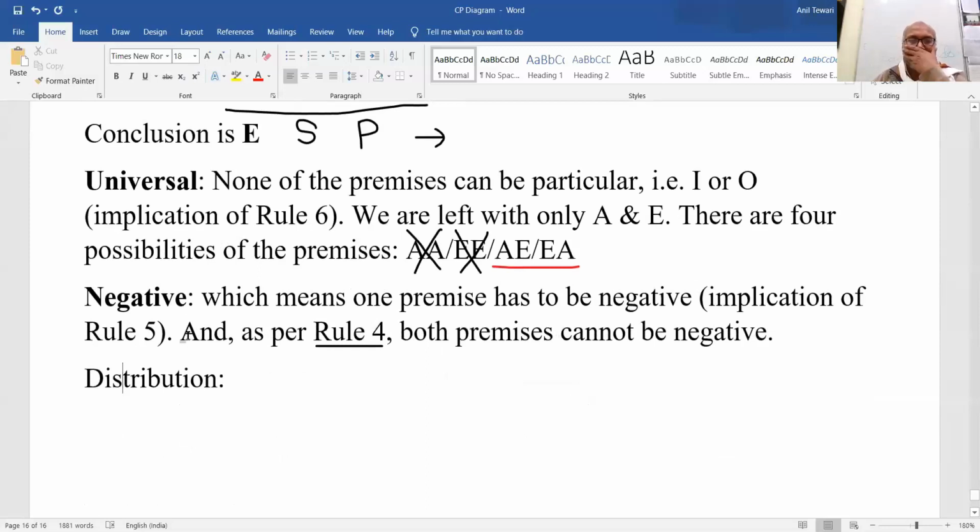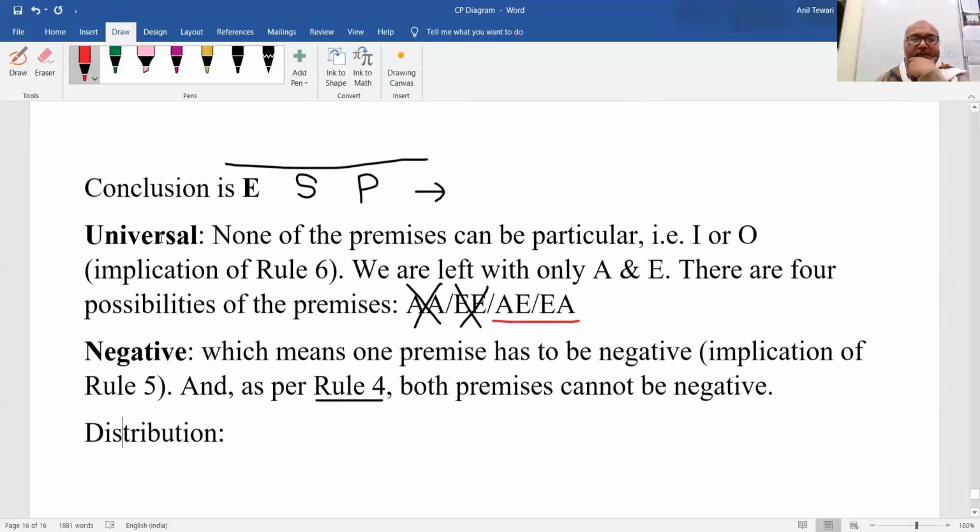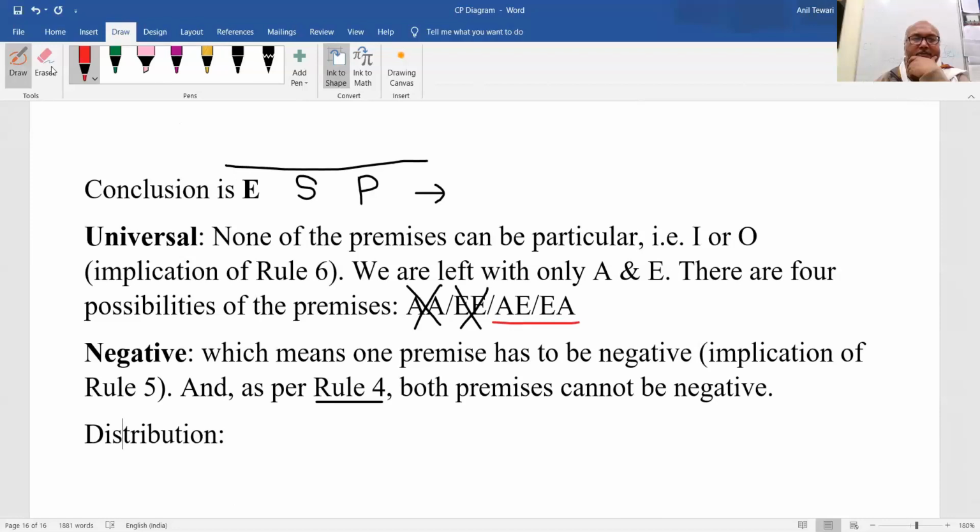So what is the distribution status in the conclusion? Look at the distribution status in the conclusion. This is E. E distributes in fact both terms. Conclusion is E, which means minor as well as major. Both terms are distributed. And then middle term has to be distributed at least once as per rule 2.